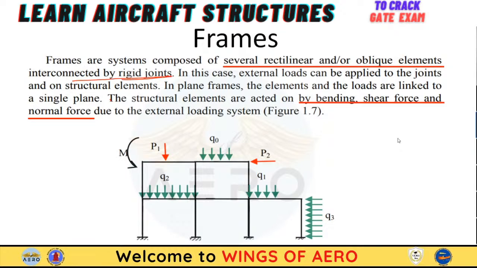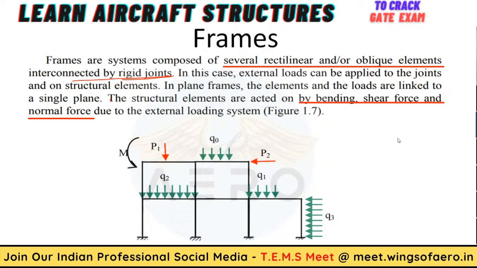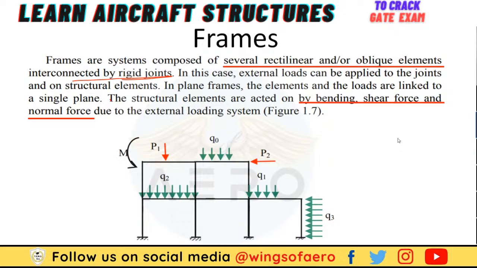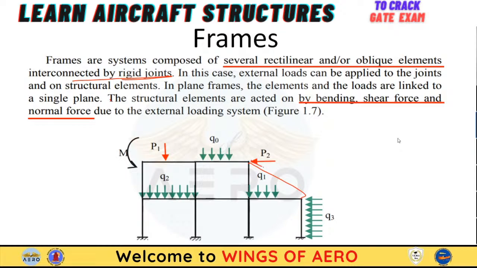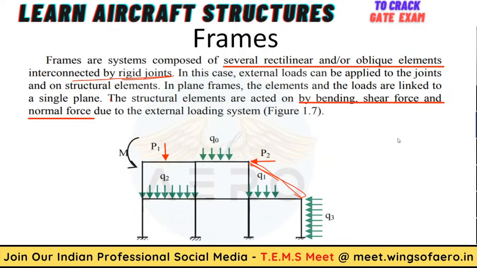You should know the difference between frames and beams. Beams are only rectilinear members, but in the case of frames, it can be a combination of several rectilinear and oblique members. Oblique means any member can be inclinedly connected, and several members can be joined rigidly.